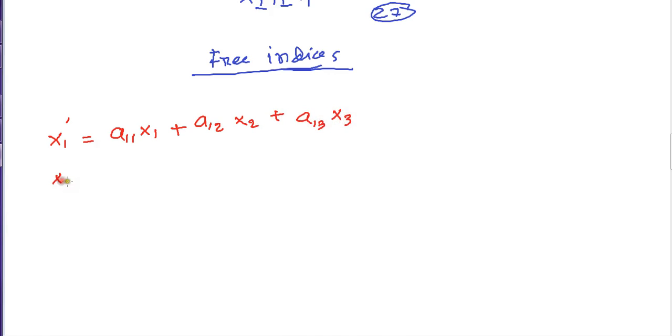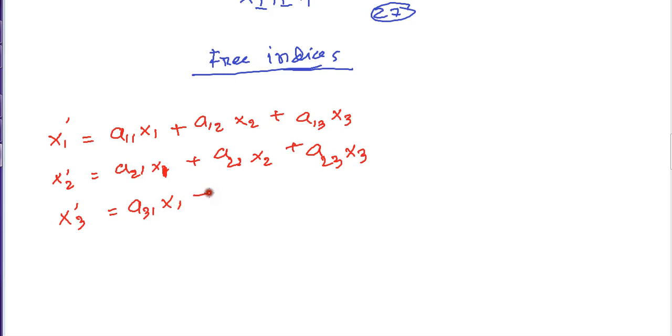So we have three equations. x2 prime equals a21 x1 plus a22 x2 plus a23 x3, right? And x3 prime equals a31 x1 plus a32 x2 plus a33 x3, right? So we have a system of three equations.